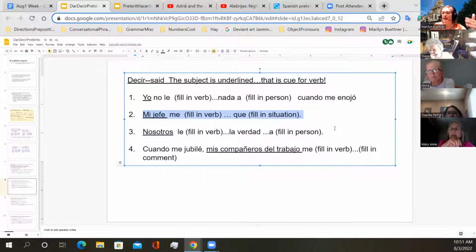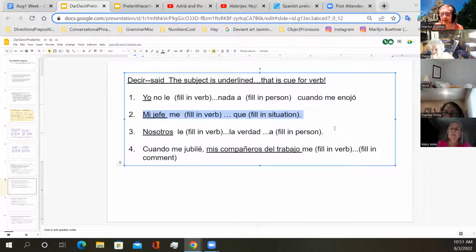Que mi jefe me dijo que yo tome vacaciones. Que yo vaya de vacaciones. It might go into subjunctive. Can I just say ir to go? No, because that isn't telling who's going. Okay. In English, we can do that. He told me to go on vacation.